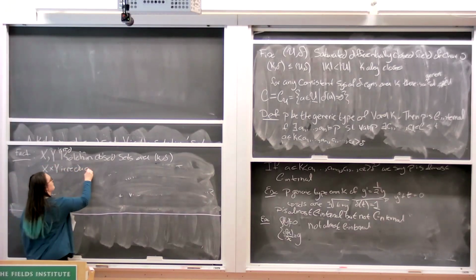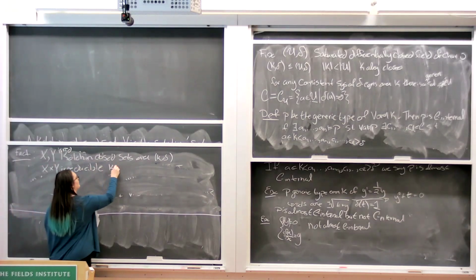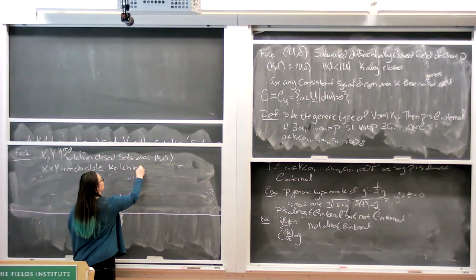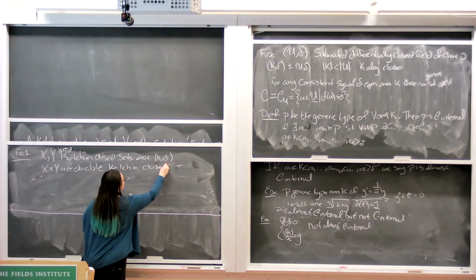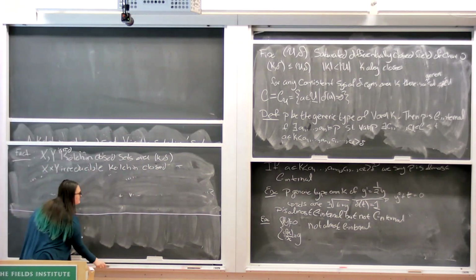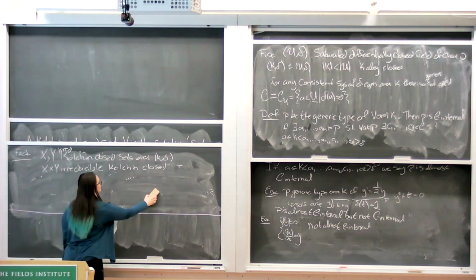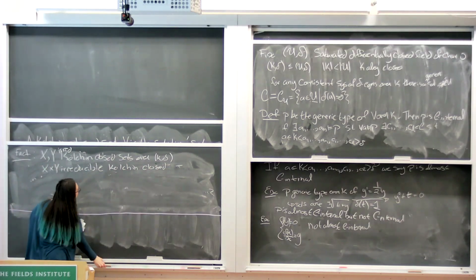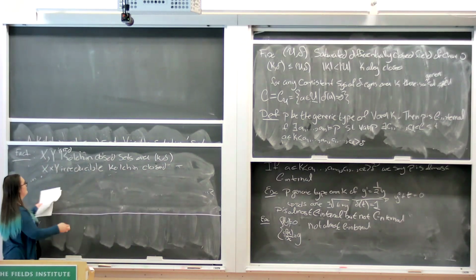So to say that its generic type is a product, we really are just going to take the generic type of this.